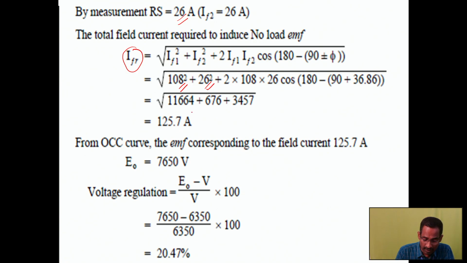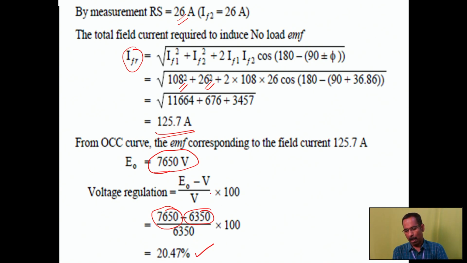From that IFR, I am getting the resultant current. By using this data in that graph, I am calculating the EMF corresponding to this field current. So it is 7650. 7650 minus 6350. I will be getting the voltage regulation as 20.47. Okay.